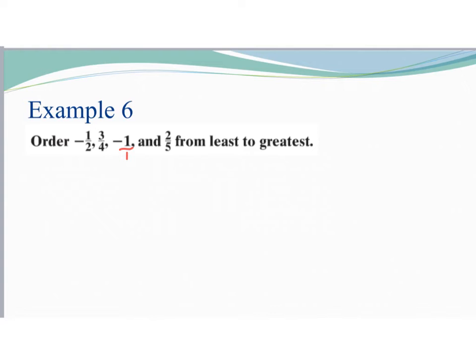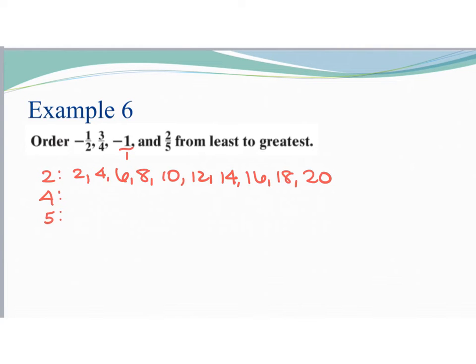So when I look at just my denominators, I have a denominator of 2, a denominator of 4, a denominator of 1, which I'm not going to write down because I can make that turn into anything, and a denominator of 5. So for the 2's, I have 2, 4, 6, 8, 10, 12, 14, 16, 18, and 20.